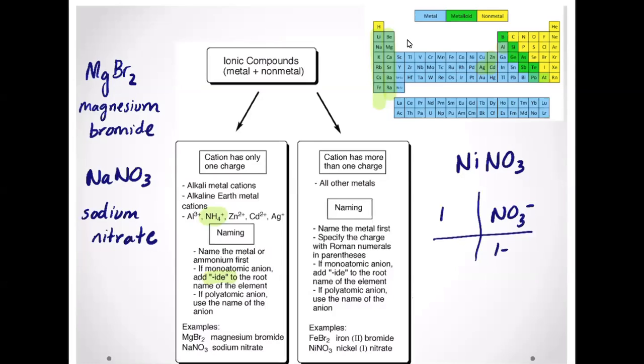And I know that I have 1 nickel, because there's no subscript there. So that has to carry the 1 plus. Therefore, this charge will show up in the name as the Roman numeral 1. So it is nickel 1 nitrate.